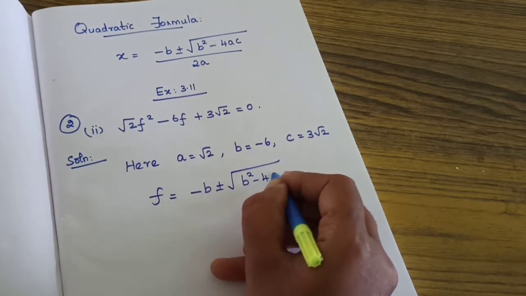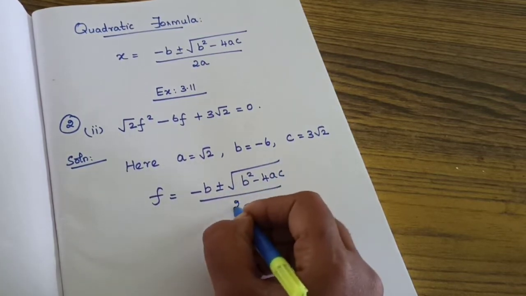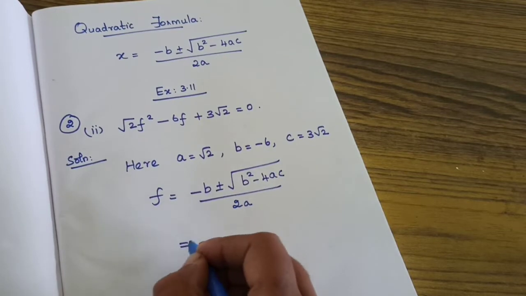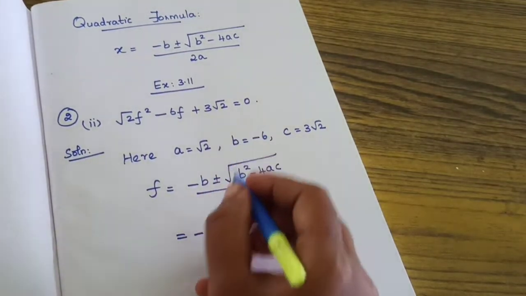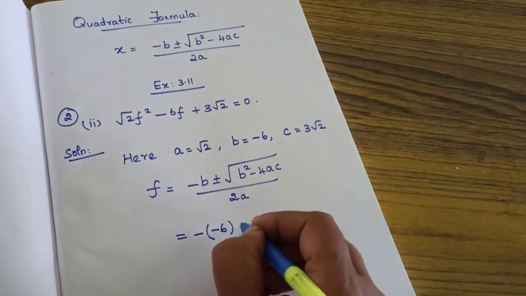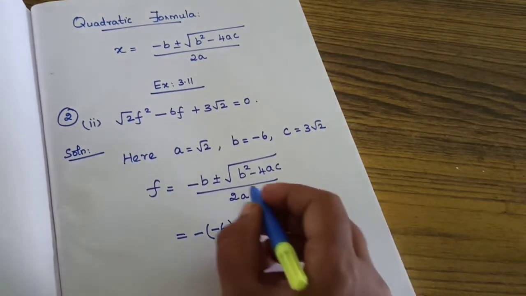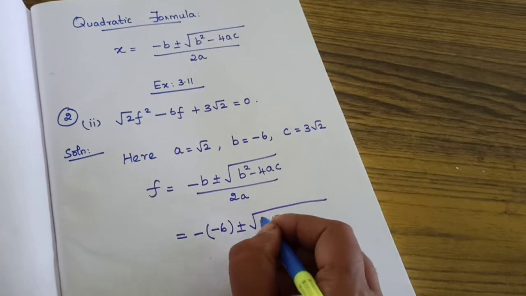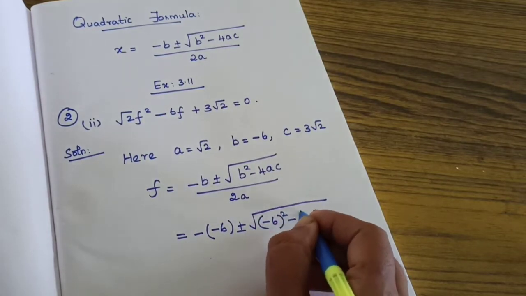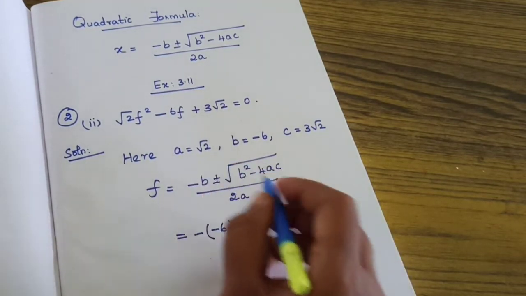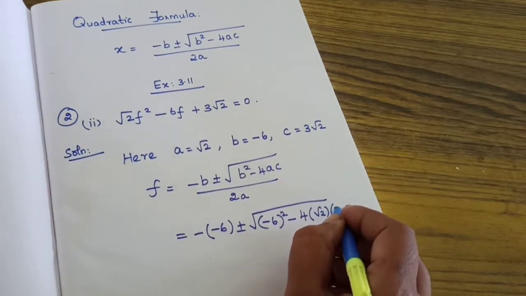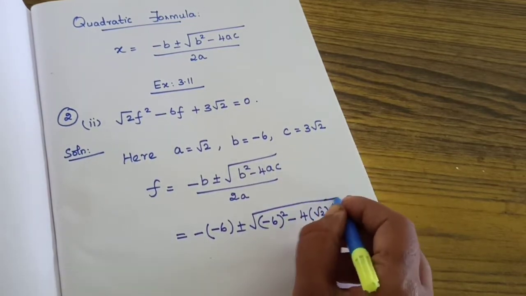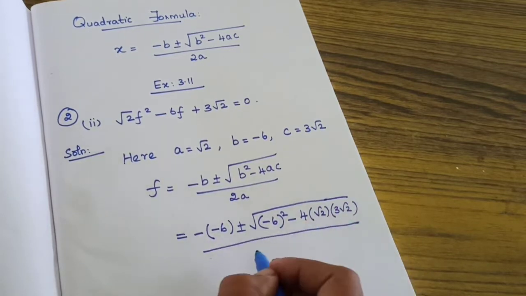b square minus 4ac divided by 2a, which is equal to minus b, what is the value? Minus 6, plus or minus square root of b square, minus 6 the whole square, minus 4 into a value root 2, c value 3 root 2, the whole divided by 2a, a means root 2.